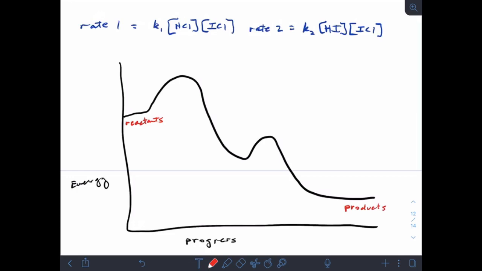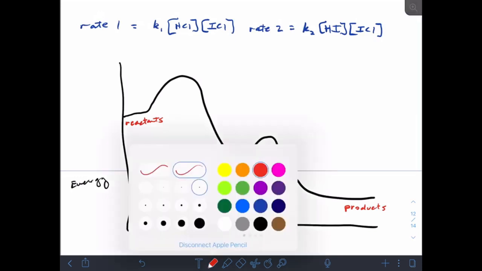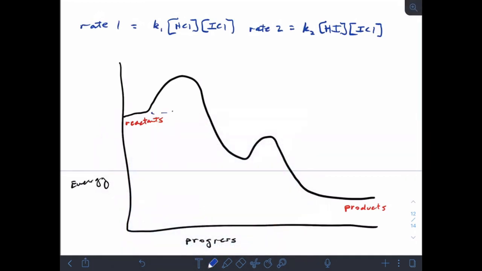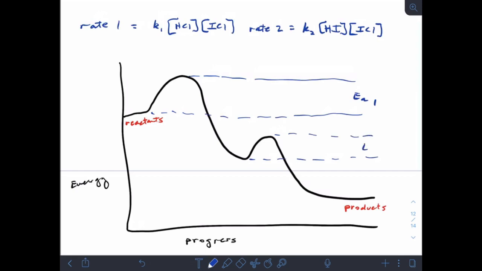And since we have 2 reactions, we have 2 activation energies. All right, so I've got the activation energy for reaction 1. And I've got the activation energy for reaction 2. Okay.